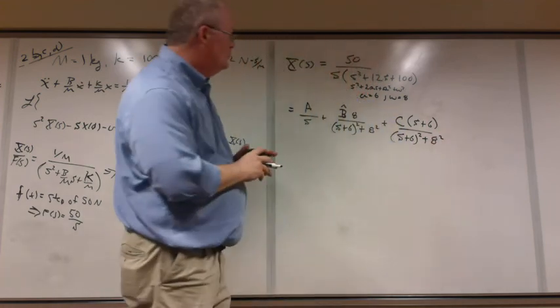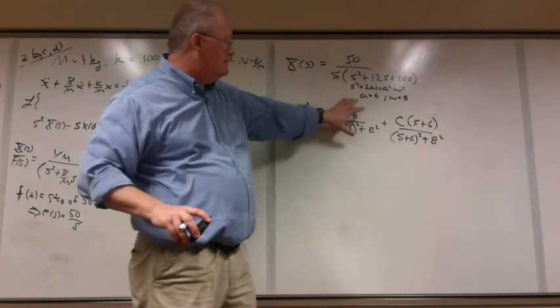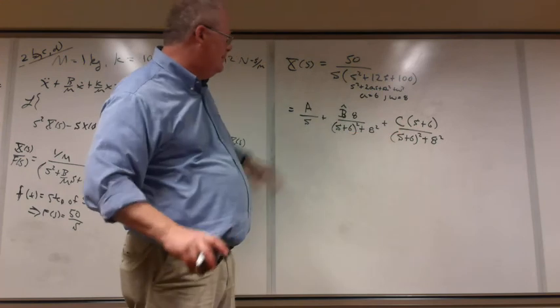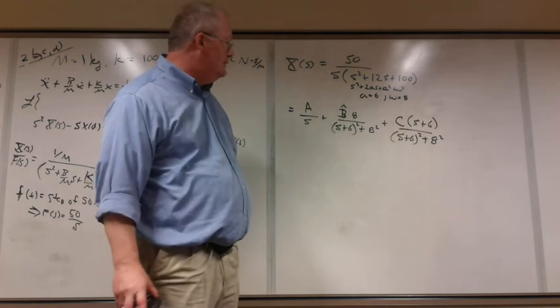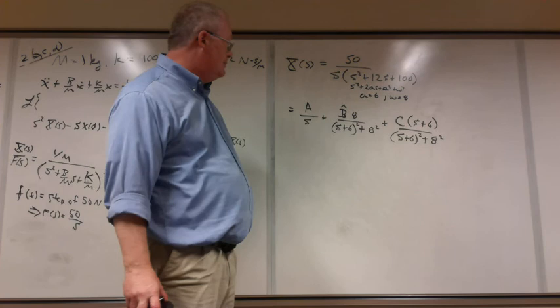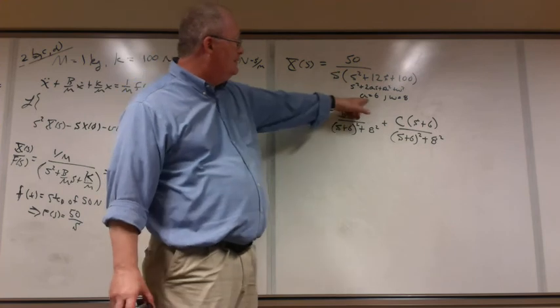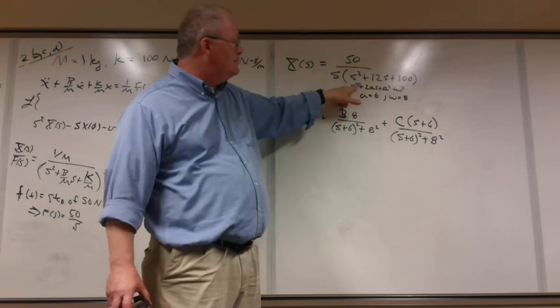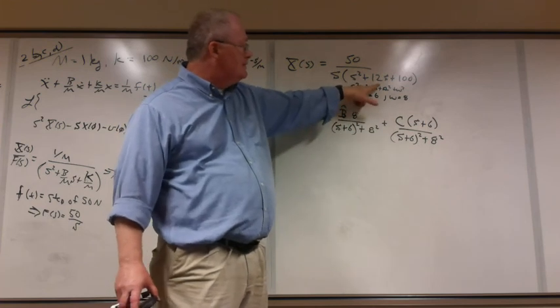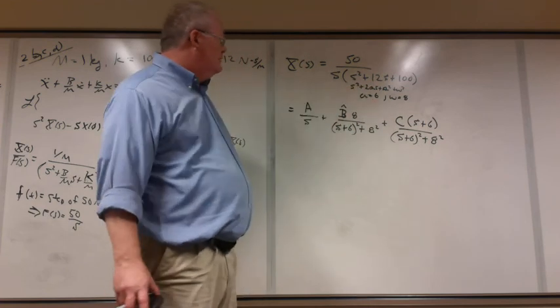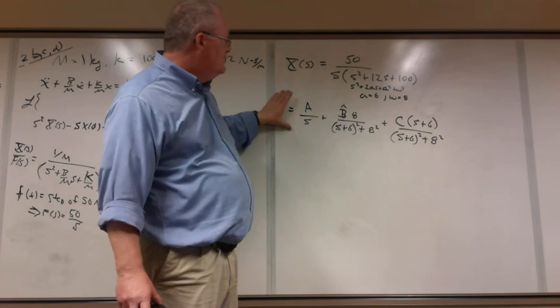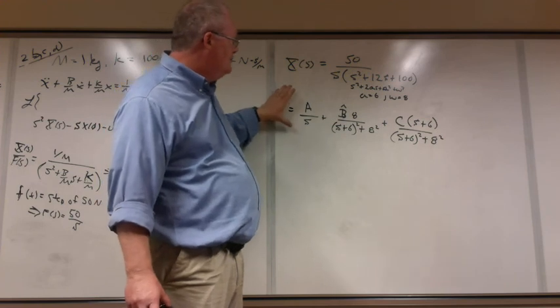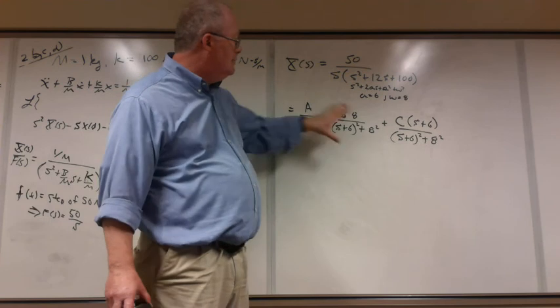All right, so I've got a damped sine, a damped cosine, and a step. That's the nature of the response to this step input. We know that from looking at this completing the square. We know it from looking at the nature of these roots being complex roots, being minus 6 plus or minus 8j. To solve this out, the easiest way is we can multiply both sides by the entire common denominator.